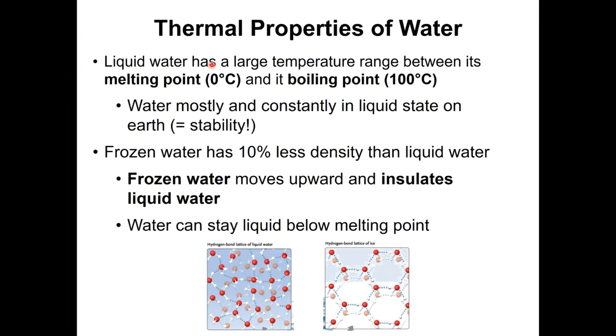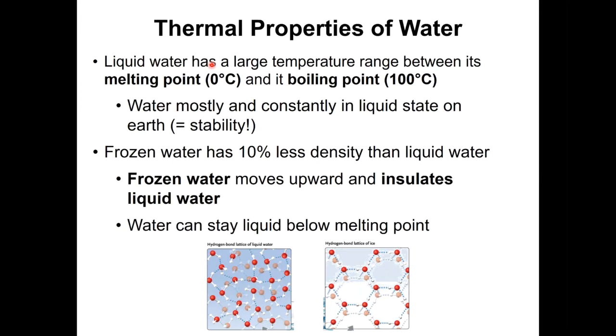So what happens is that even if the temperature on Earth goes well below 0, imagine northern Canada, in a lake in northern Canada you have temperatures of -40, -50. Even in those scenarios, if these temperatures don't last forever, obviously, but if they last even for a few months, this ice will work as an insulator for the water underneath.